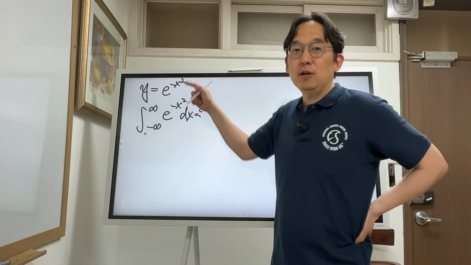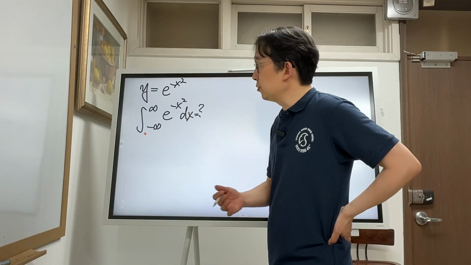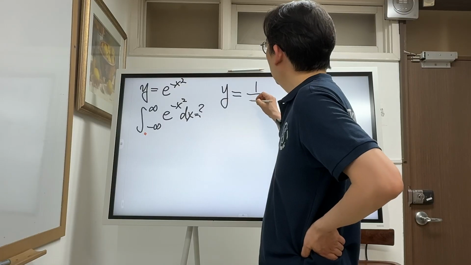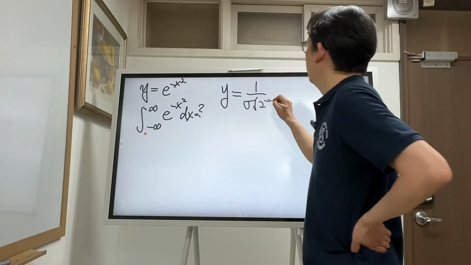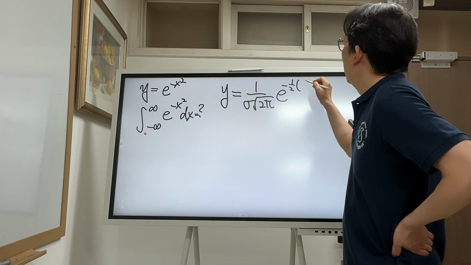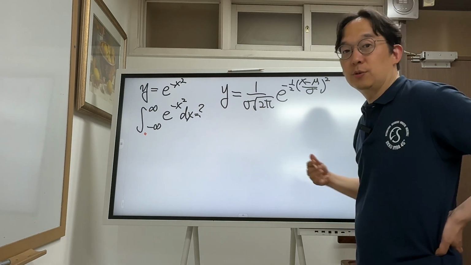How come? Well, if you remember the functional form of a normal distribution, it looked like y equals 1 over 2 pi, e to the power of x minus mu over sigma, the whole thing squared.